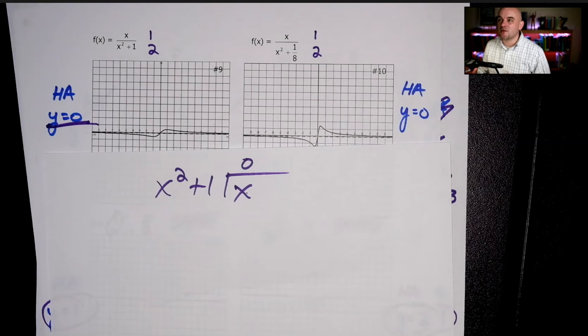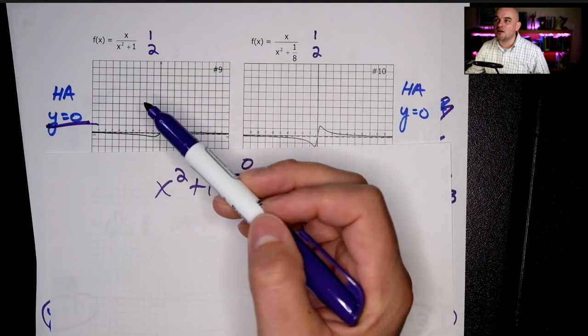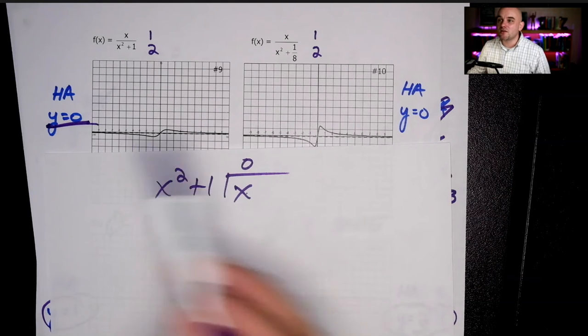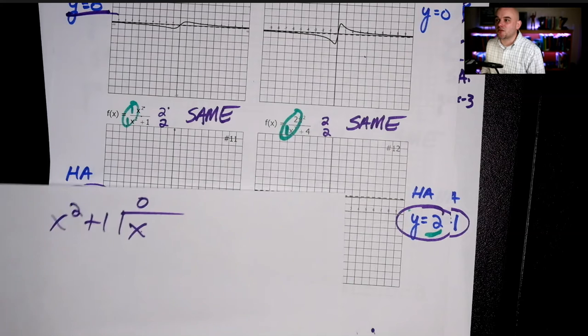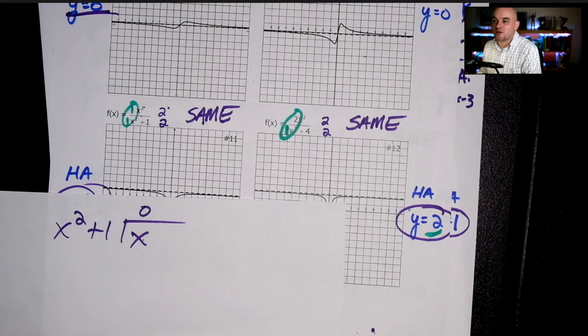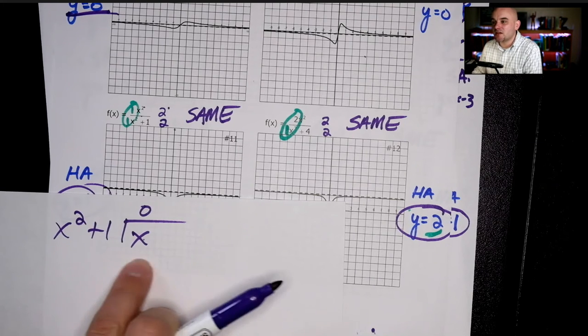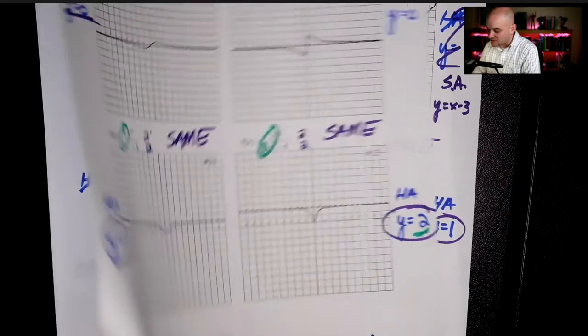The last episode made it a lot easier because you could say, hey, if the degree of the numerator is less than the degree of the denominator, then you can just say y equals 0 is your horizontal asymptote. If the degree up top is the same as the denominator, you take the ratio of the coefficients. Those were all covered in the last video, but in this one we actually see that this rule for slant asymptotes works for them. It's just a longer route to get there.